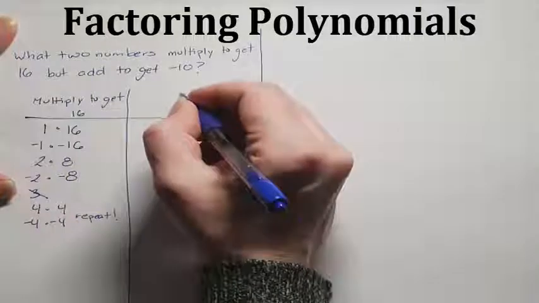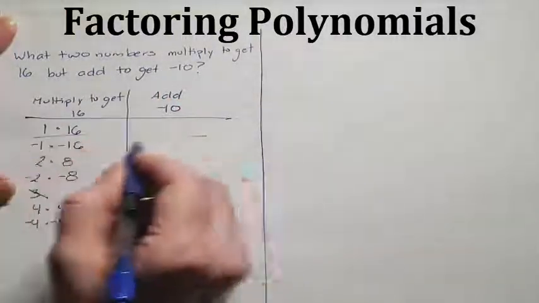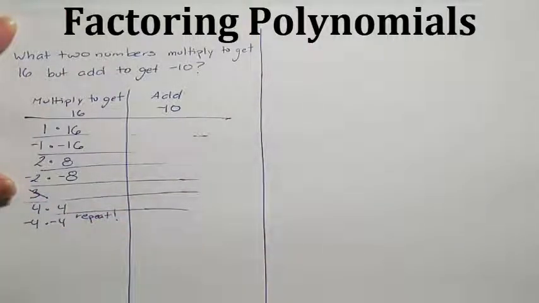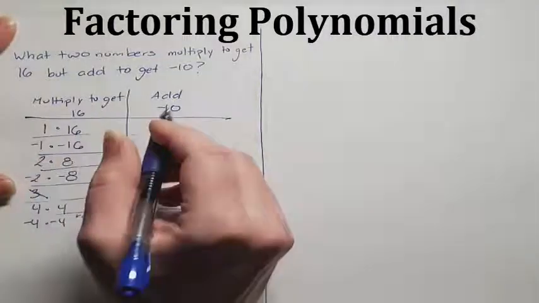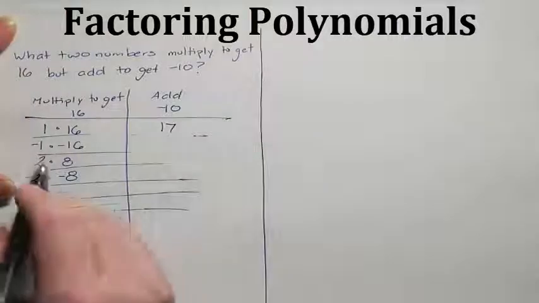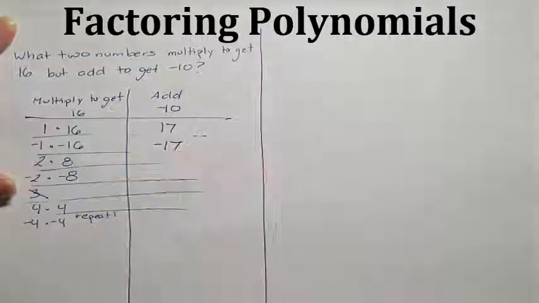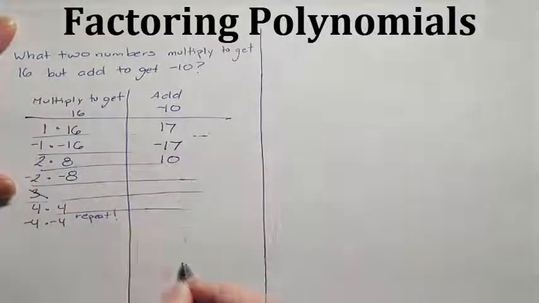Now, of these ways, which one would add and give us a negative 10? So now we need to go through every single one of these ways and see who actually adds together to give us a negative 10. So 1 added to this 16 would give me a 17. A negative 1 with a negative 16 would add together to give me a negative 17. 2 and 8 would add together to give me 10.